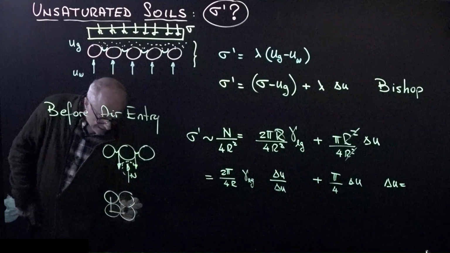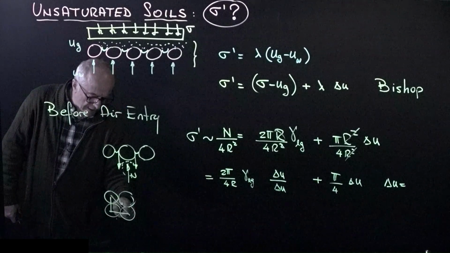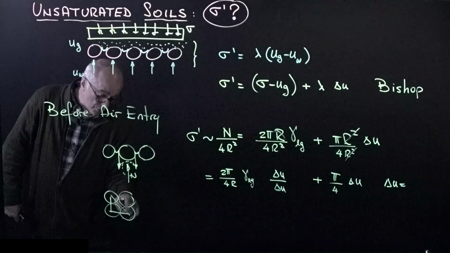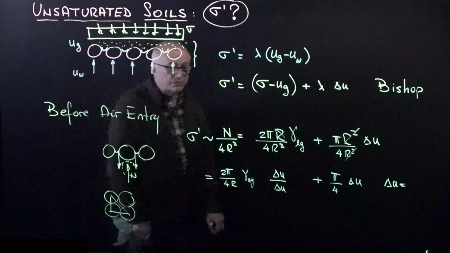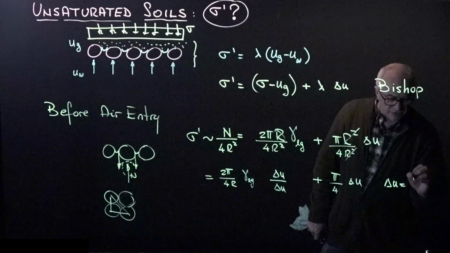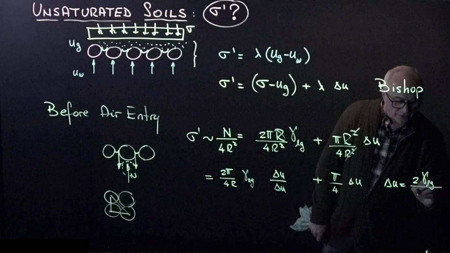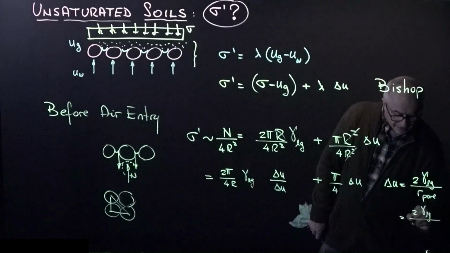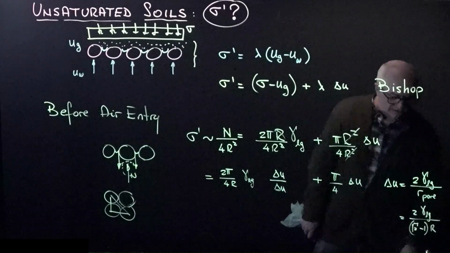If you see this Pythagorean distance, this is 2r, 2r, and this is square root of 2 times 2r. And then I have to subtract 1r and 1r, so it's going to be square root of 2 minus 1, times r. So this is twice the gamma liquid gas over r pore, where r pore is equal to the square root of 2 minus 1 times r of the particles.